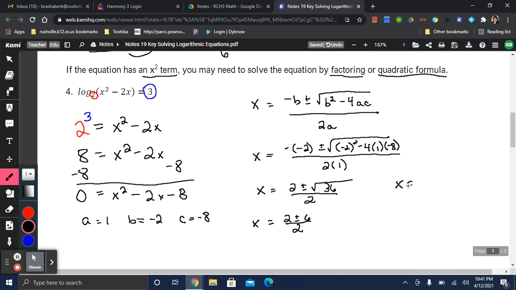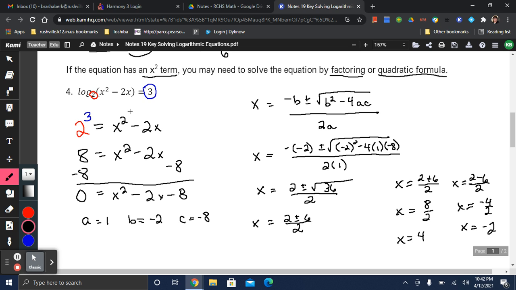Then we will separate this. 2 plus 6 divided by 2, or x could equal 2 minus 6 divided by 2. So this would give us 8 over 2, which turns out to be 4. This part gives us -4 over 2, which turns out to be -2.